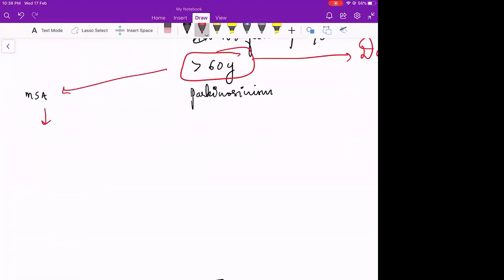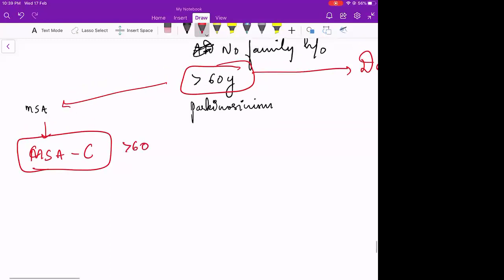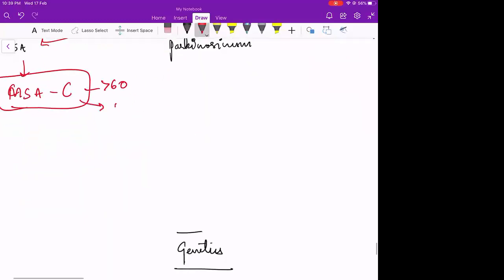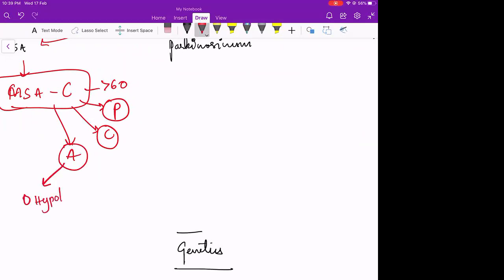The cerebellar type will have an old age patient having both Parkinson features and cerebellar features, along with autonomic failure symptoms like orthostatic hypotension and urinary and bladder disturbances.